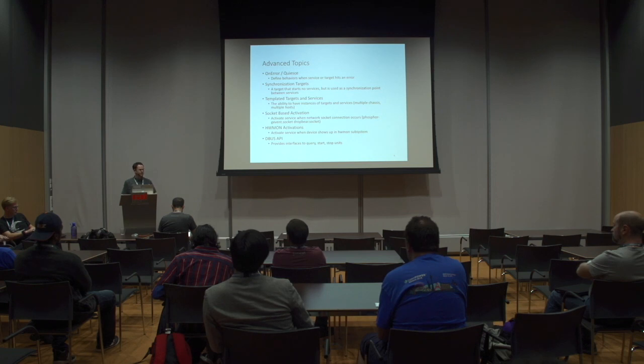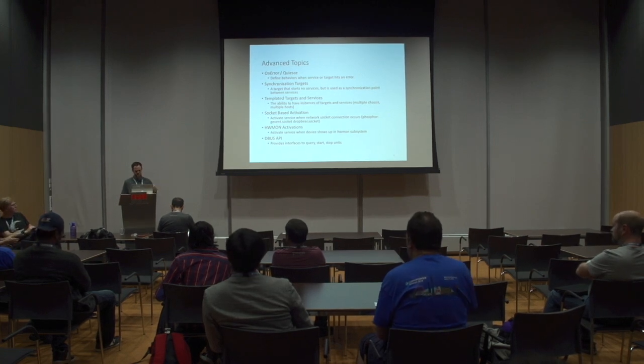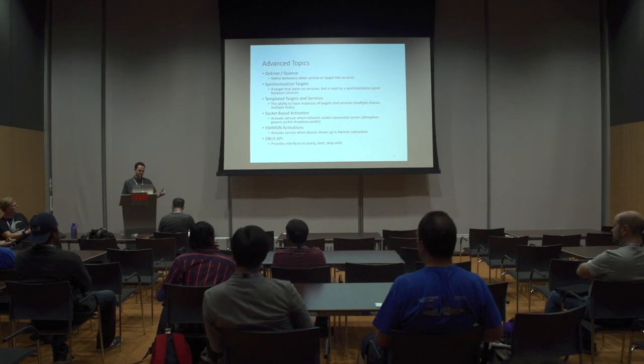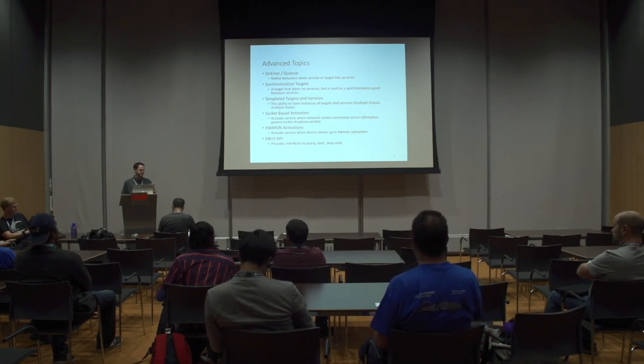Yep, and hwmon, which is a subsystem in the kernel for providing sensor information, thermal, power, that type of stuff. Same type of thing when those pop up in the kernel file system, we will automatically start services that start monitoring and reporting those as dbus objects. And then it's got a good dbus API within systemd.